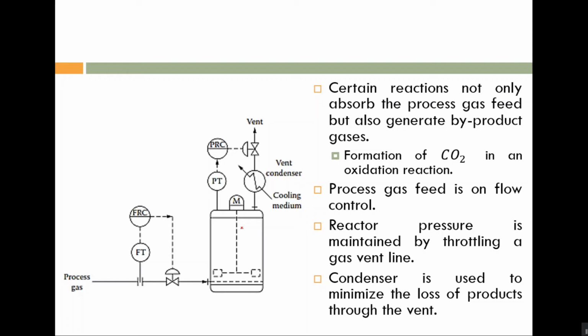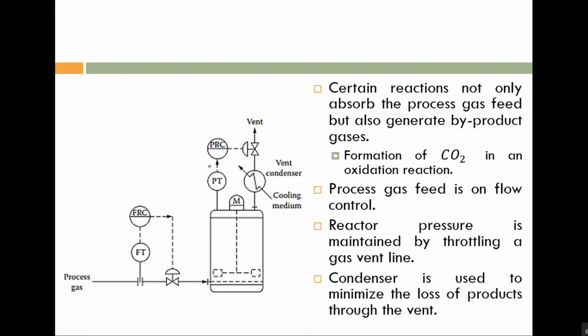So how can we reduce that? How to reduce the reactor pressure? How is it possible? Remove the generated byproduct gas. Am I correct? Just remove the generated byproduct gas. That's the solution.